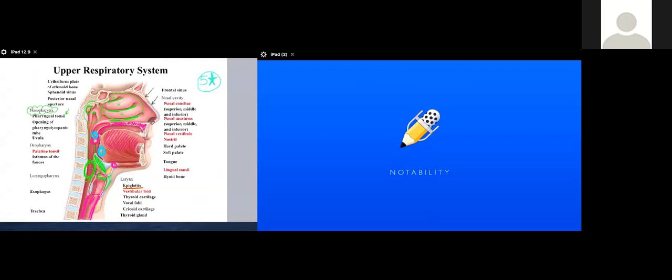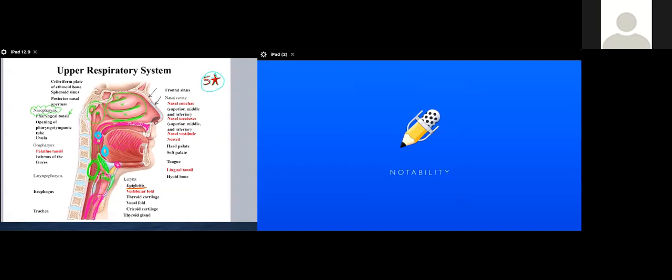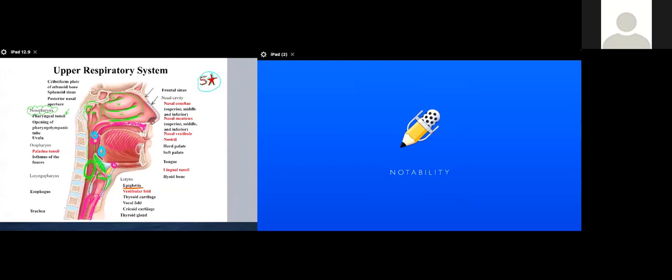All right, so first diagram that we're looking at from the respiratory system is going to be a 5 stars diagram, highly important for us. It's the diagram showing the upper respiratory system. So all markings are highly important. I believe there is nothing on the diagram which is not clear.